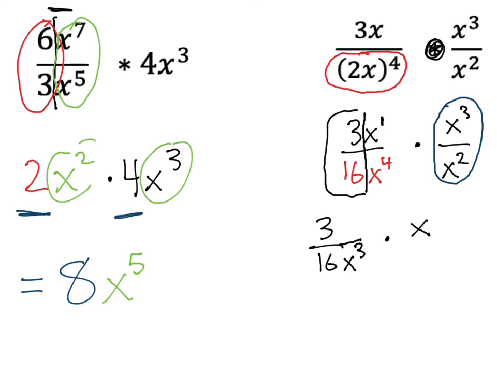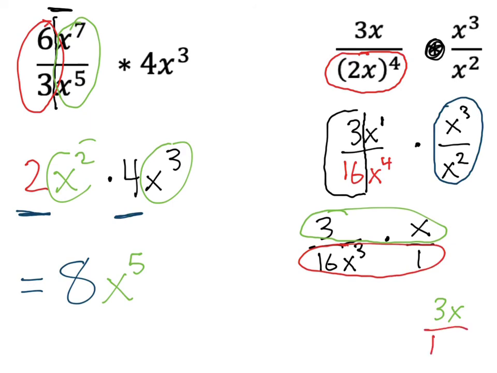Well, remember that any term by itself can be considered as a fraction, just with a 1 in the denominator. So once we do that, then to multiply these expressions together, we're going to multiply the numerators together. 3 times x is equal to 3x. And if we multiply the denominators together, 16x to the third times 1 is still 16x to the third.